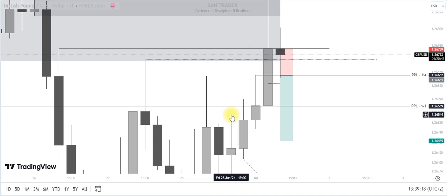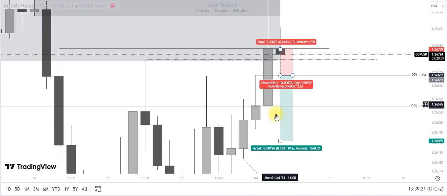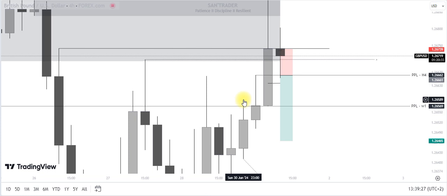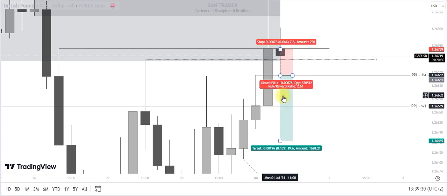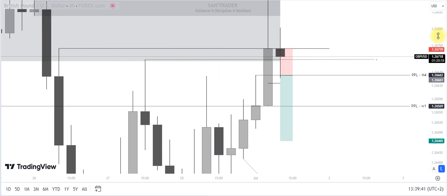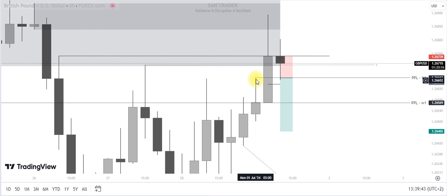So I will only use this level when price is around that level. I will also use this when price is around that level. So PPL, in other words, it simply locks in your trend, or your reversals. So here we have our H4 PPL.